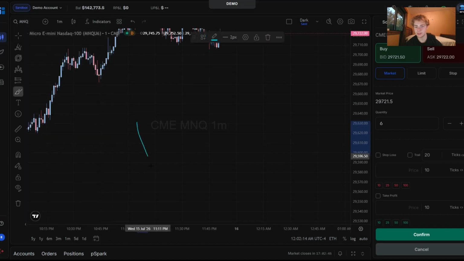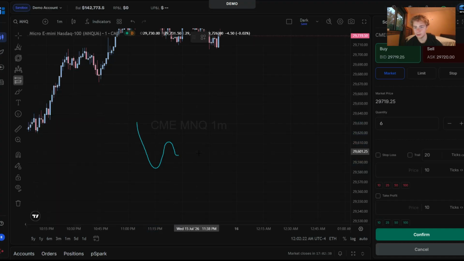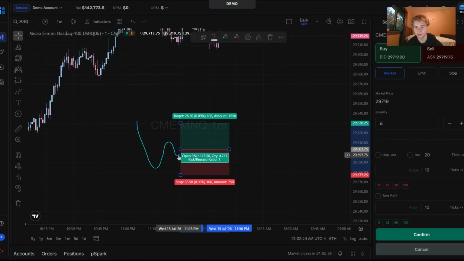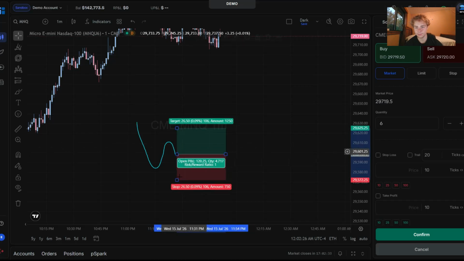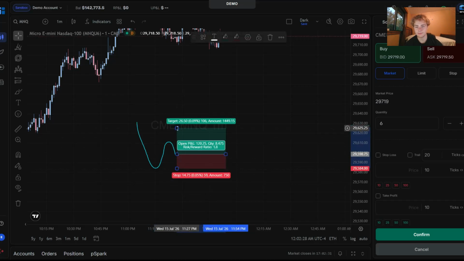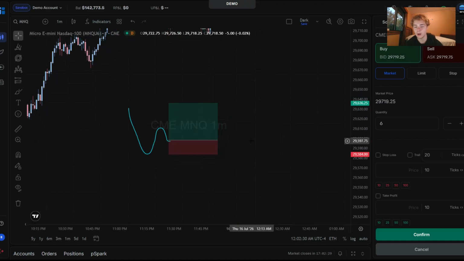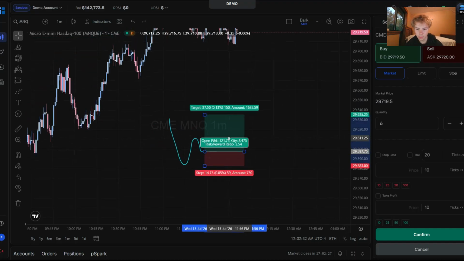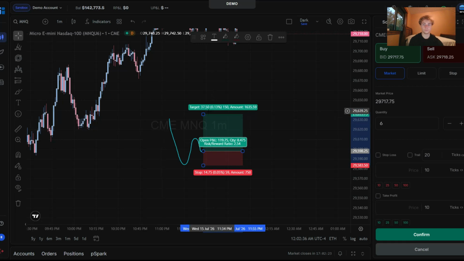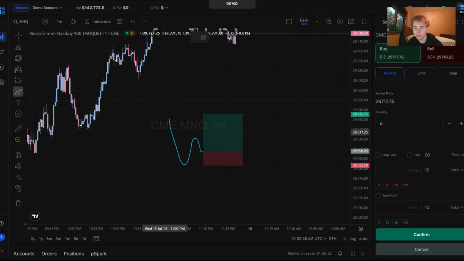It came down, swept a low, came up, respected a fair value gap, and I longed off of it right there. And this was my first 4-figure trade on an eval. It was off of that continuation. And it just made its way up.